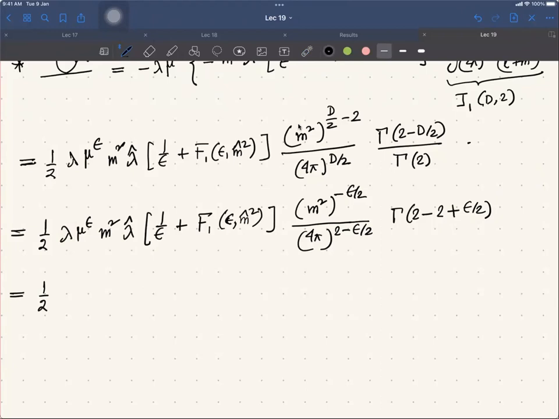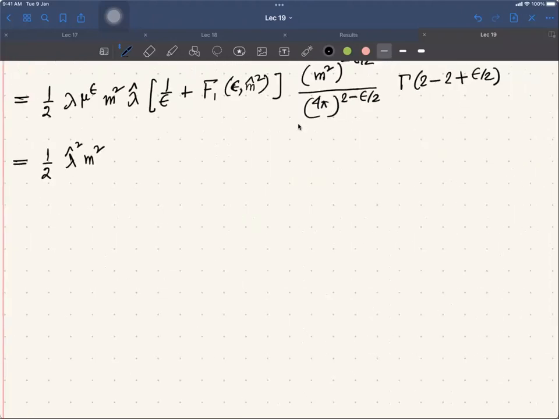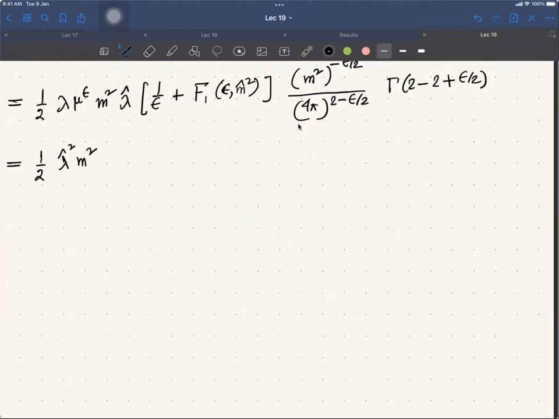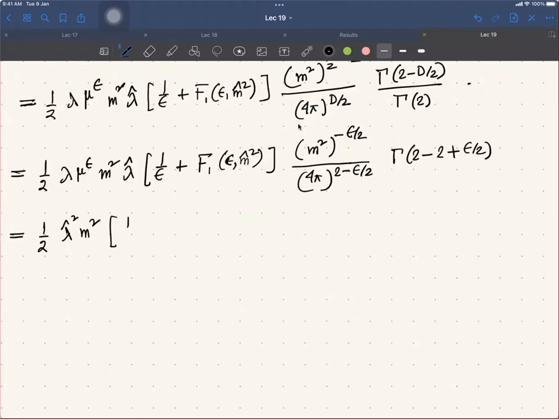So then that would be half lambda hat square times m square times (1 over epsilon plus f1).